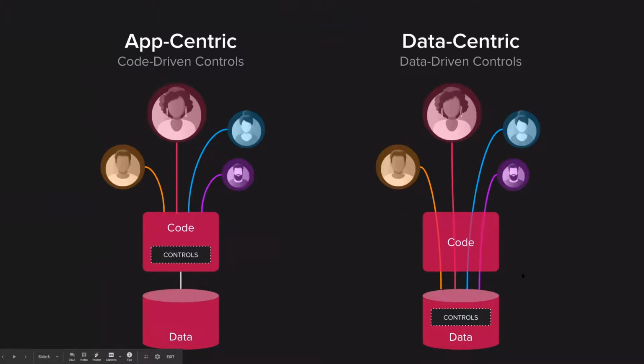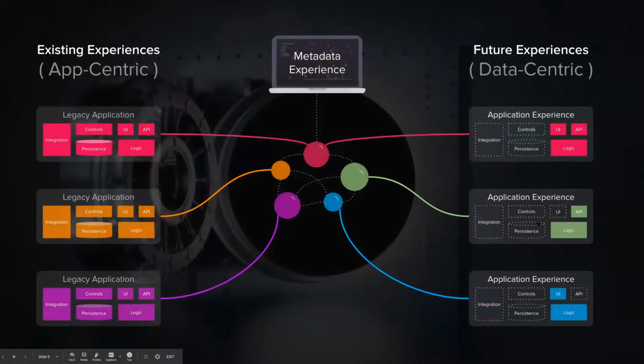When you shift this model, there's a second component that needs to shift, which is that the data layer needs to be aware of who's directly interacting with it, who the users are. That's why you see that behind this code, these lines are actually passing through, because that context of who the user is that is performing an action needs to be made available at this level. And when you think about the implementation of application experiences, that's exactly what's happening. And that's why both the persistence and controls are pushed down to this level.